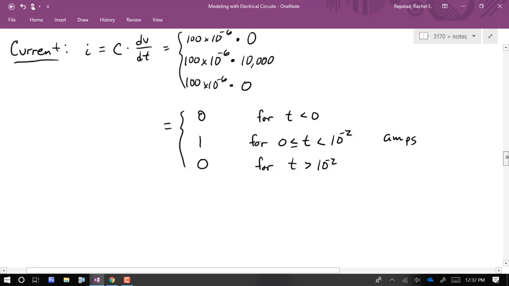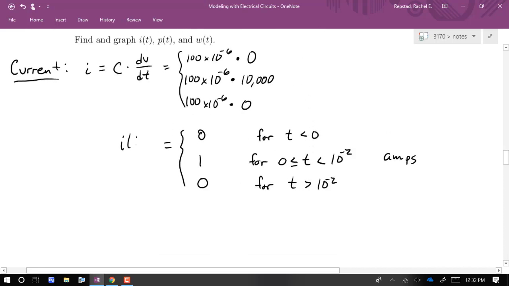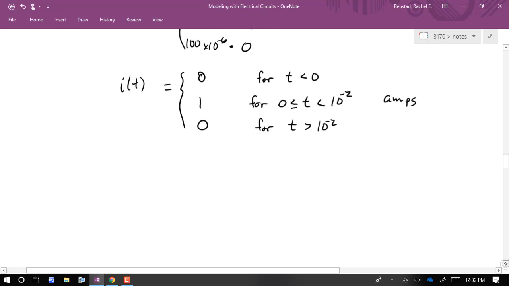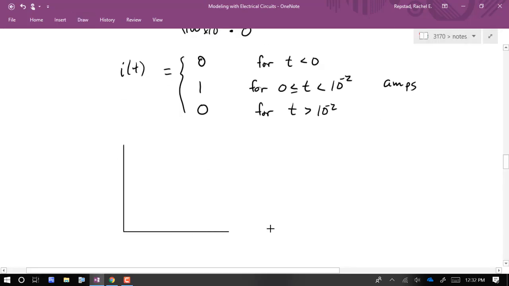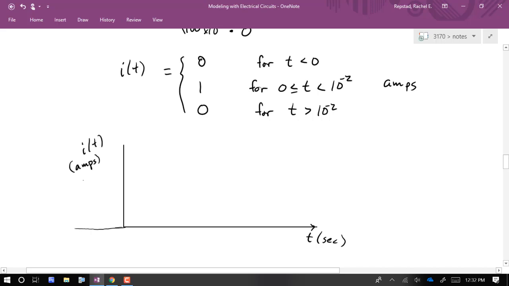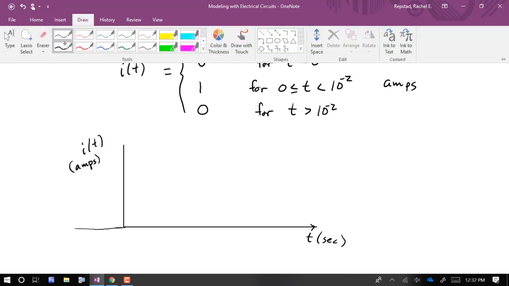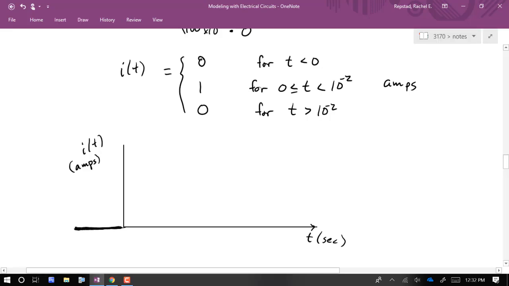We could graph this. So let's see, it starts out at 0 for t less than 0.